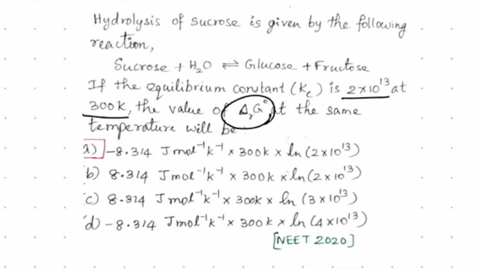The formula connecting delta G naught to equilibrium constant is delta G naught is equal to minus RT ln K. So the correct answer for this question is minus 8.314 into 300 into log 2 into 10 power 30. Don't confuse this K with the equilibrium constant. This is Kelvin, the unit of temperature. This is the correct answer.